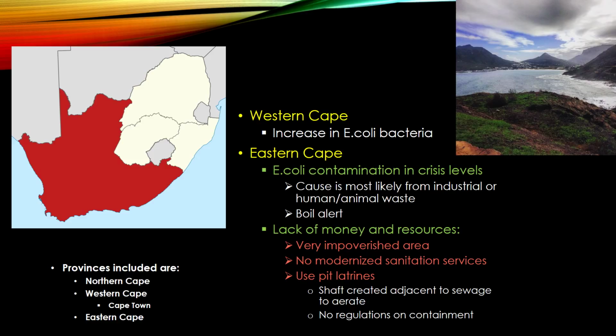But in general, having liquid sewage just sitting there in a hole, it's eventually going to reach other water sources. This area cannot afford wastewater management treatment centers, thus these latrines are leaking and contaminating the water in the surrounding areas.